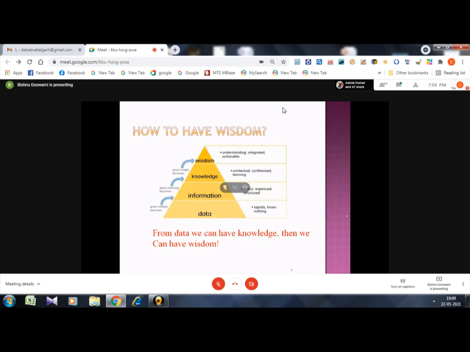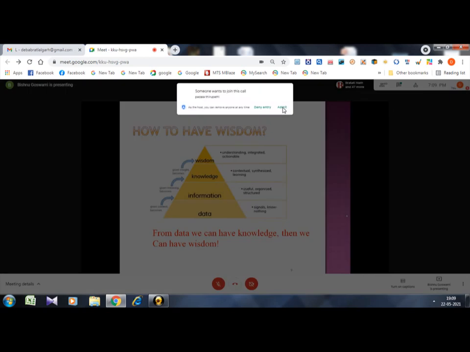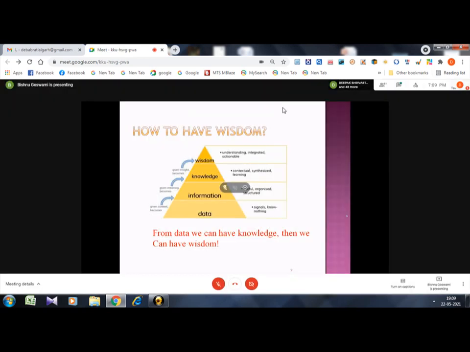And when this information is given a meaning, such as topographical features pointing to a river, a delta, or a hotspot for a disease, it becomes knowledge. This is contextual, synthesized, and it helps in learning. When an insight is given to knowledge, this insight is very difficult to automate using artificial intelligence or other automatic tools today.